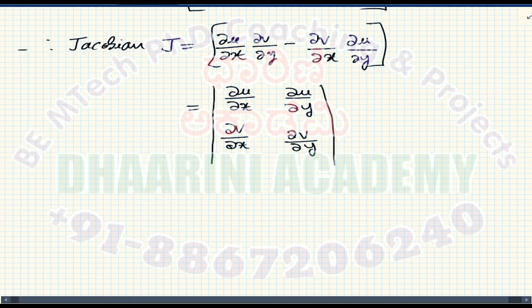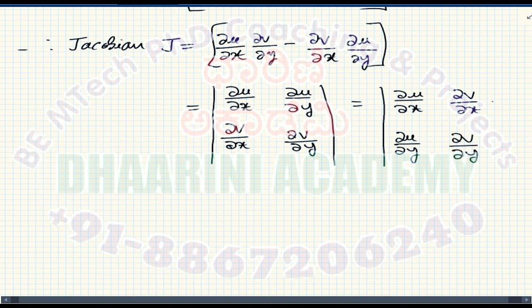It's a determinant. Because you might find different versions of the determinant in different textbooks, that actually doesn't matter. Even if you find another version, don't worry, it's same. So that is ∂u/∂x, ∂v/∂x, and ∂u/∂y, ∂v/∂y.